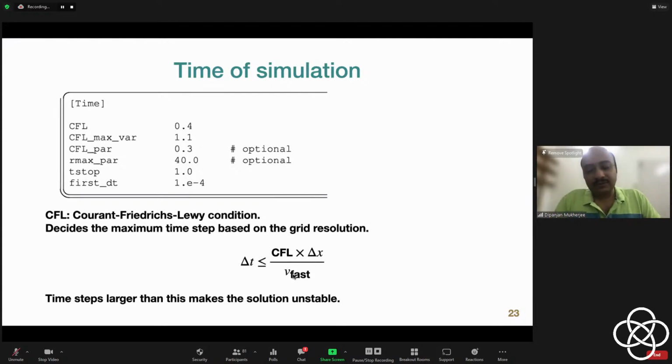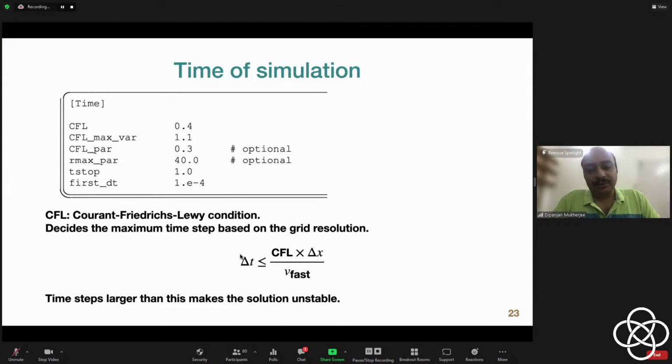If you have magnetic fields, you have other waves that also contribute to this solution. V fast could be either the Alfvén speed, the magnetosonic fast and slow speeds, the slow speed is of course slower, or the actual bulk speed of the motion. And your time step should be smaller than this. Otherwise, you end up with numerical instabilities. So this is called the CFL criterion, or the Courant-Friedrichs-Lewy condition.